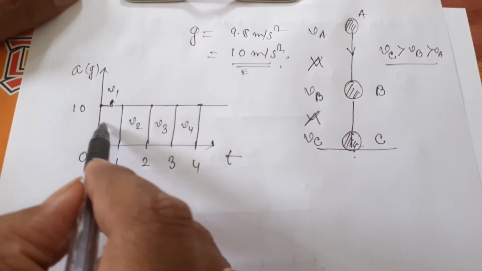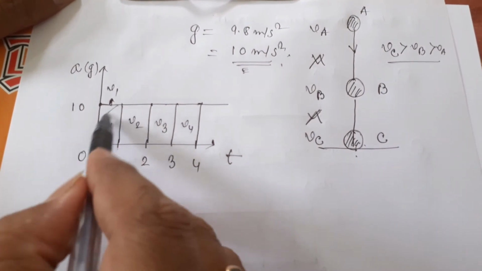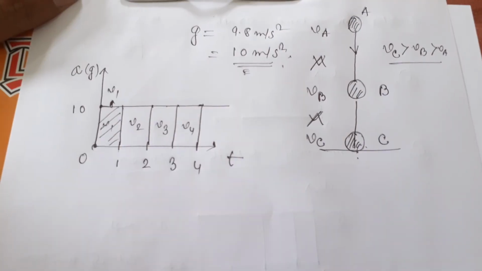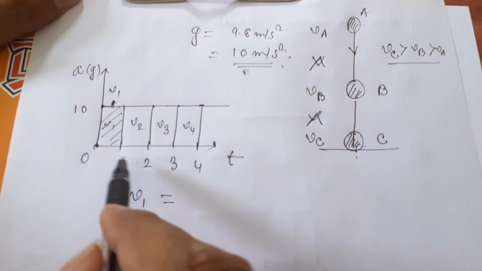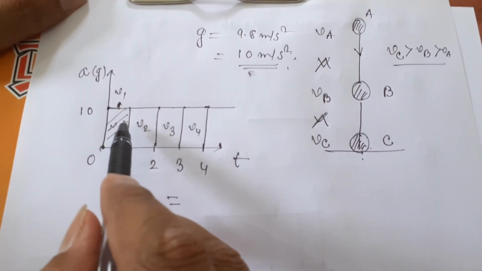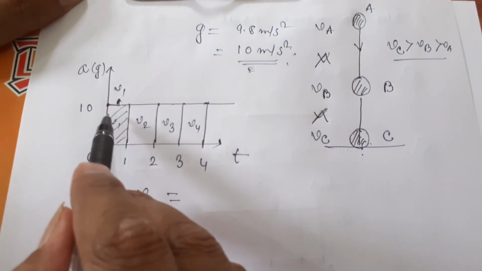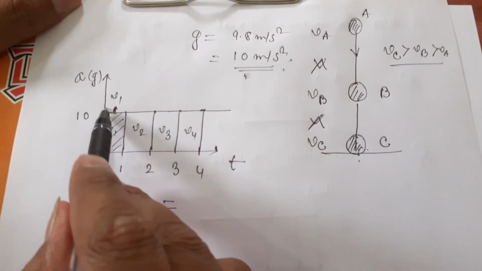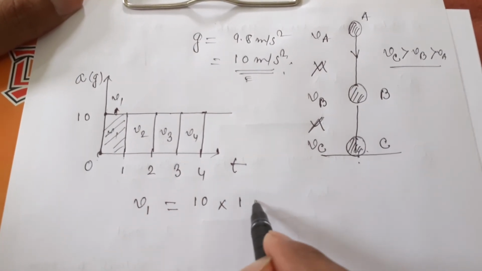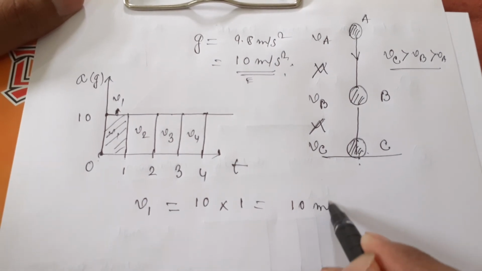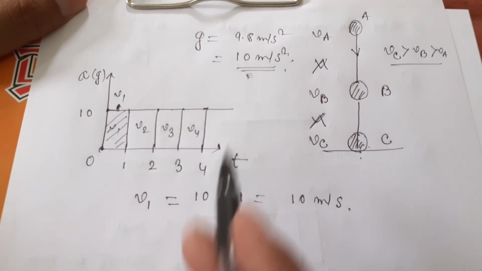To calculate V1, what do we have to calculate? We have to calculate the area of this portion. So V1 will be what? This is a rectangle. So the area of this rectangle will be how much? Length into breadth. Length is how much? This is the length, that means 10. This is the breadth, that means 1. So velocity will be 10 meter per second within this portion.